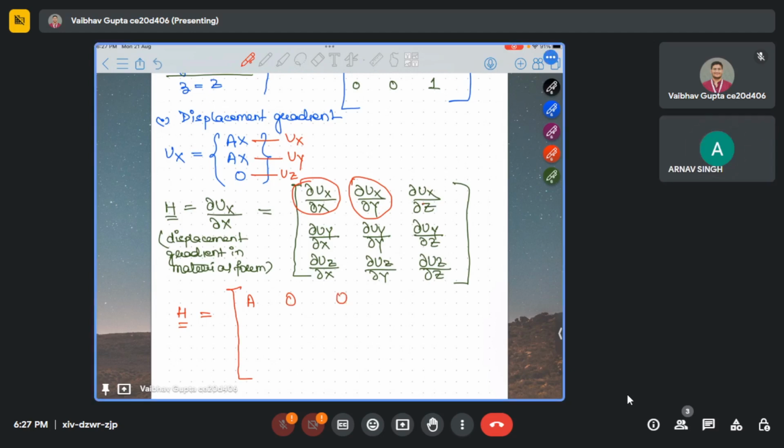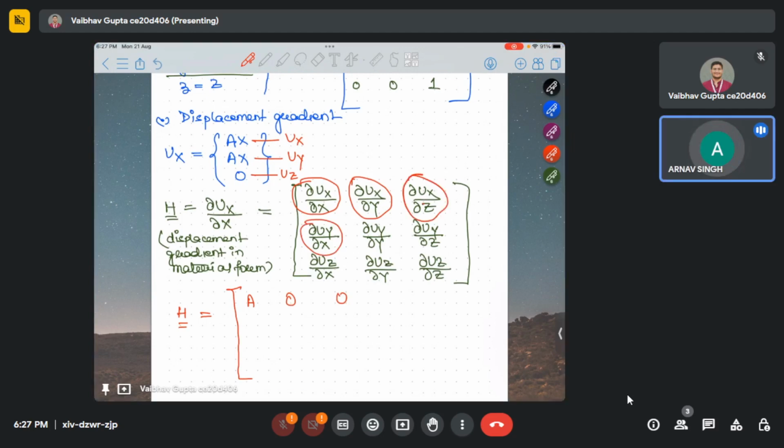Now you got it. What does this term become? You have to find the derivative of capital X in the UY term. In the UY term, what is there?